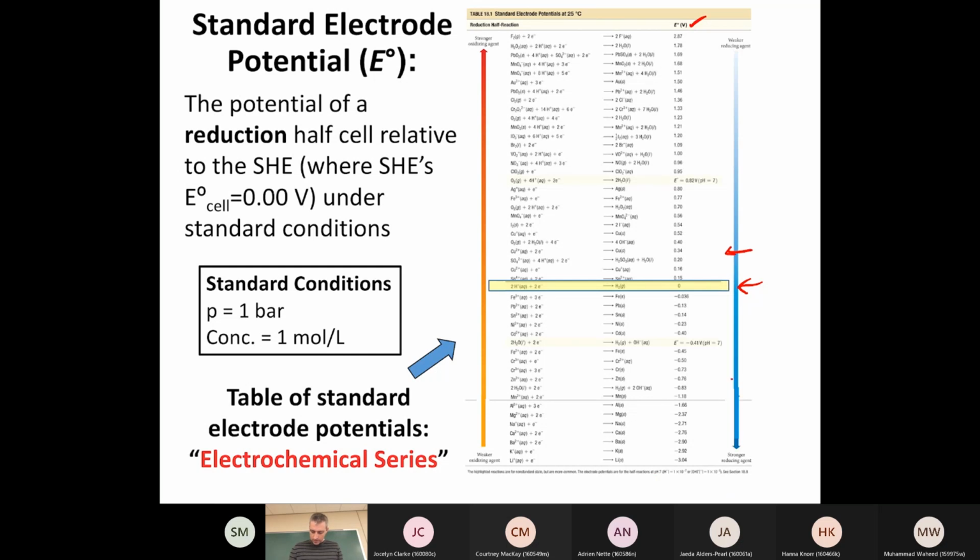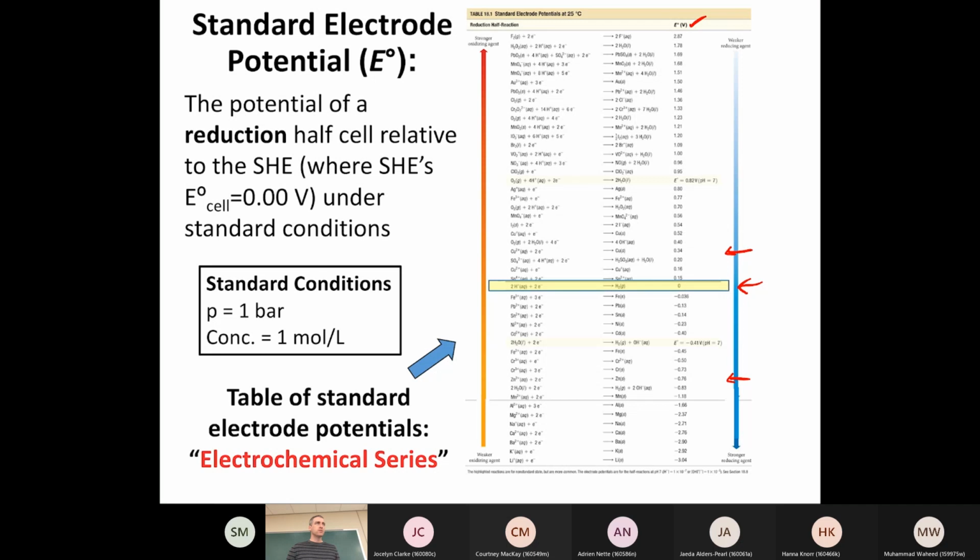We saw the zinc one, which is negative 0.76. If you go all the way up to the top of this list, the highest voltage that's listed is F2 plus 2 electrons goes to 2F minus. Okay, everything's aqueous. Well, I guess F2 is a gas. This would be a reaction that in first semester you would say this should be strongly, I guess, spontaneous, right?